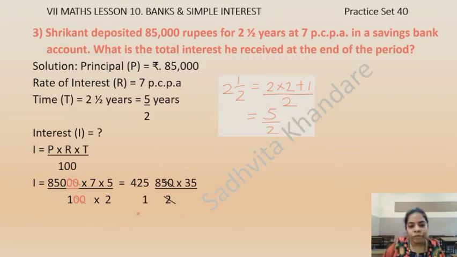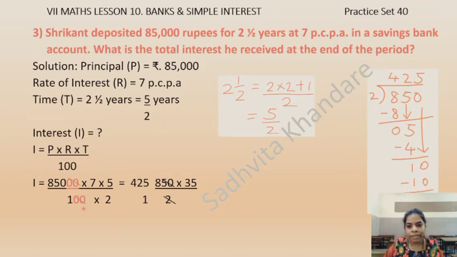When you divide 850 by 2, you are going to get 425. And these two zeros children as usual got cancelled. See the whole division here. When you divide 850 by 2, you are getting 425. 2 ones are 2 and 2 425s are 850.